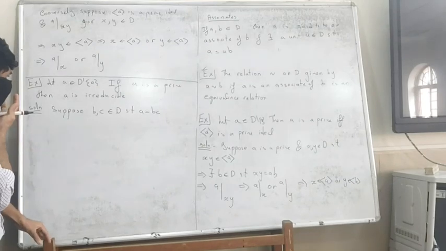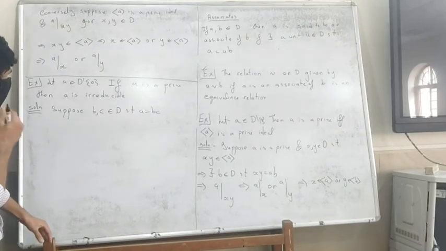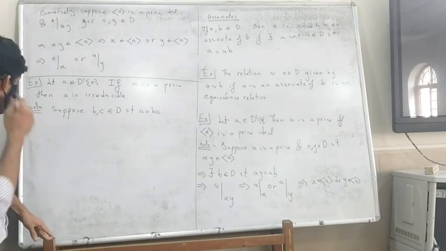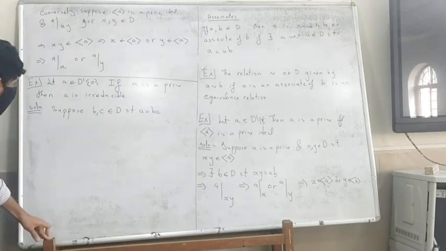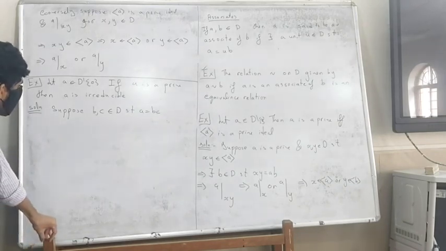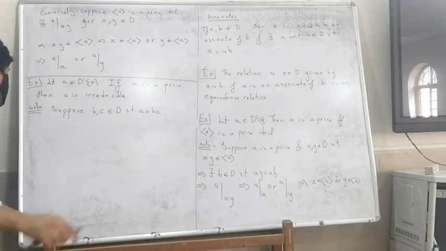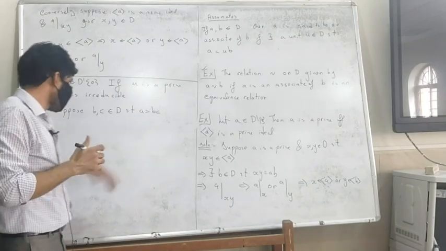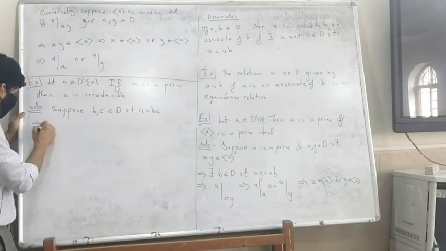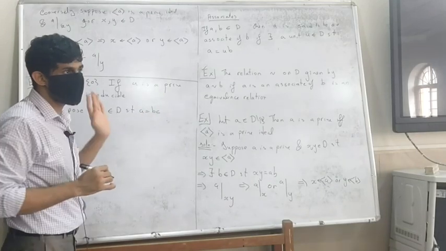This is a prime, so I need to say it's irreducible. So this will mean that if A divides BC, it should mean that either A divides B or A divides C. See here, you can see that A divides BC, right?